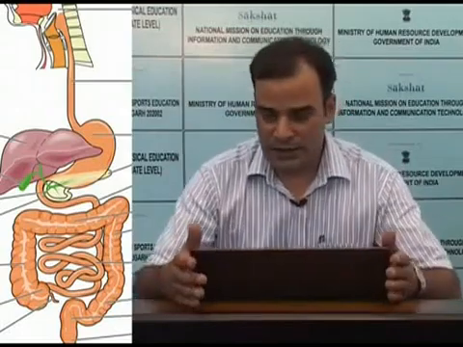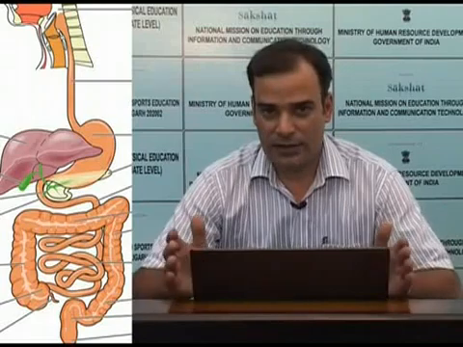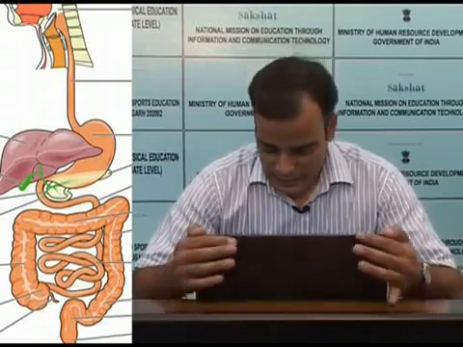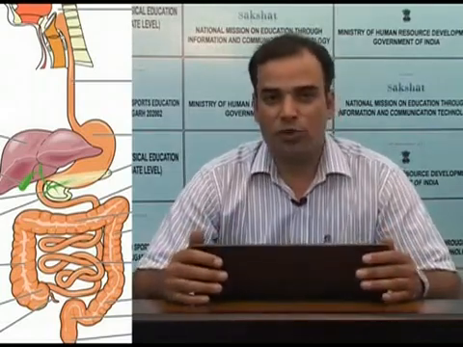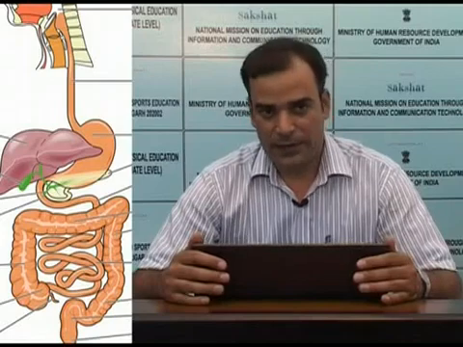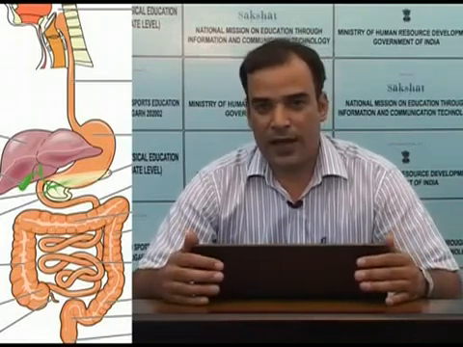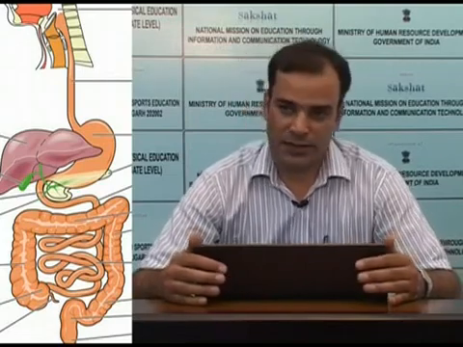And this enteric nervous system is composed of both the myenteric plexus and the submucosal plexus. The myenteric plexus, which is located between the muscle layers, usually controls the movements of the GIT. There are actually different types of movements which take place in the GIT, and these movements are mostly controlled by the myenteric plexus.